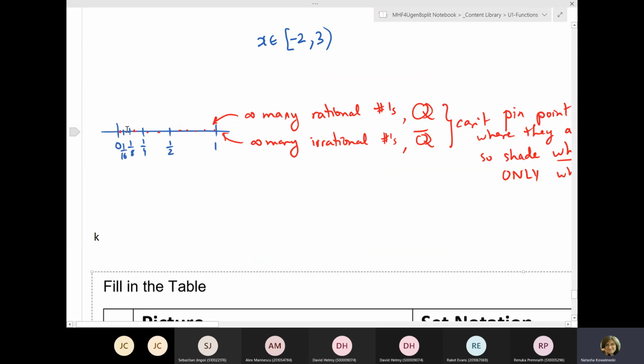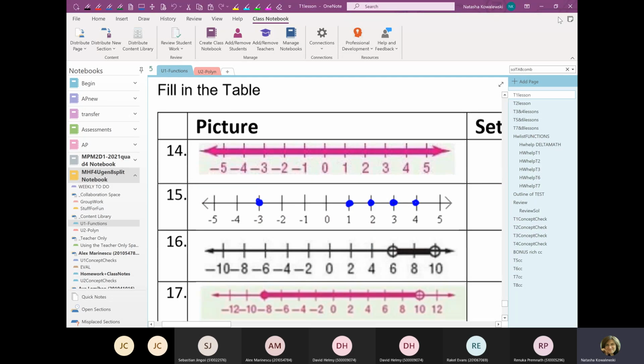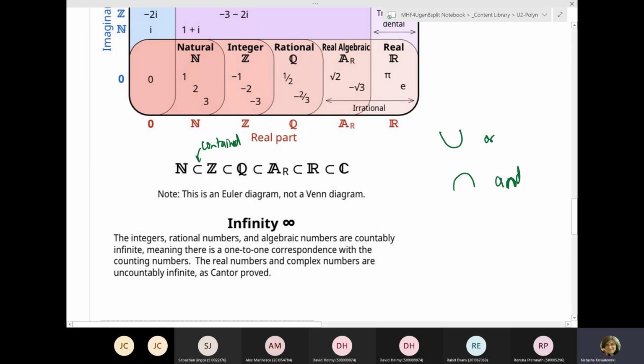But I said in between every single one of them, we have infinitely many irrational numbers, but also between each one of those, we also have rational. So it's very hard to pinpoint irrational numbers because they're just all over the place and you can't really call them countable. Anyways, that's not part of the lesson.